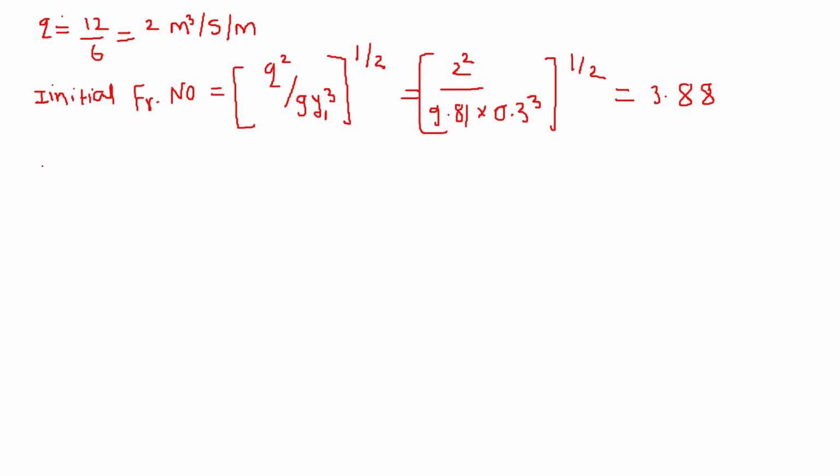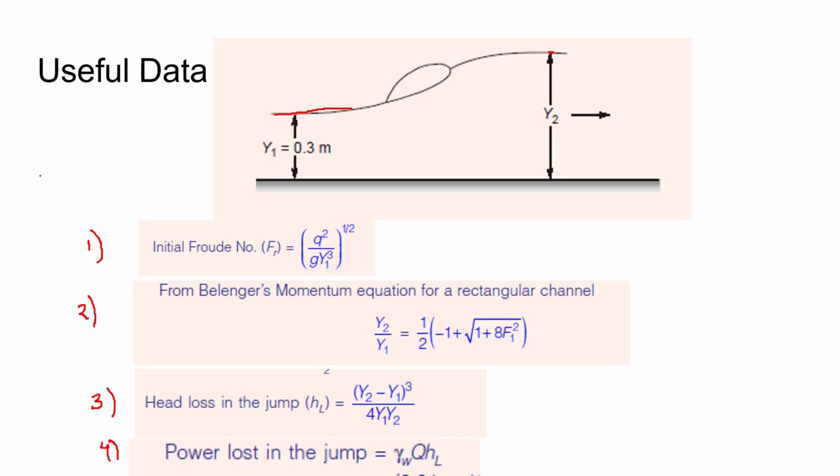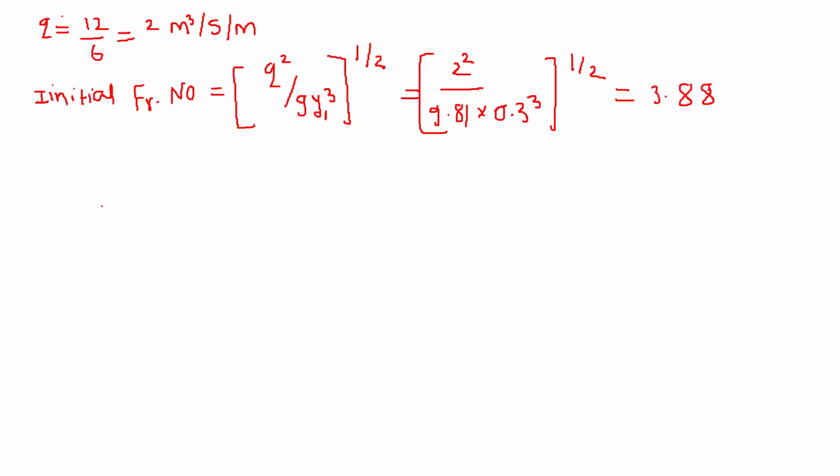So it is time to use our second equation, that is Belanger's equation, right? So putting the values, y2 upon y1 equals 1 by 2. I will write in a bigger form so you can see clearly.